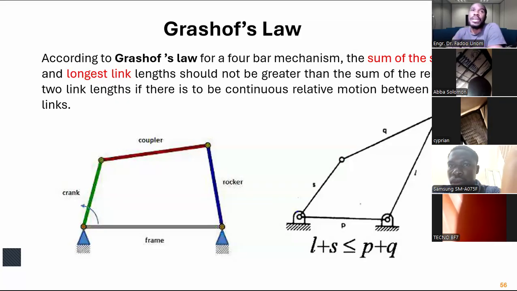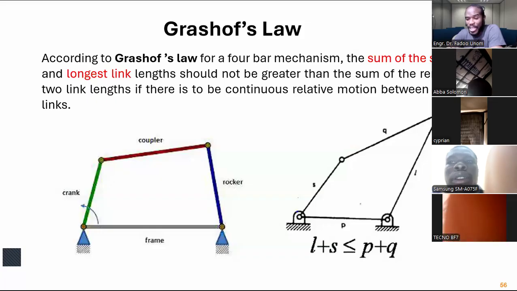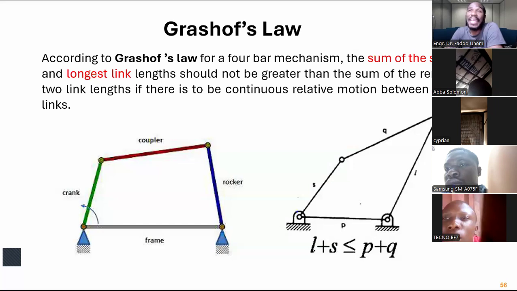Now, Grashof's law states that, and this is particularly applicable to the 4-bar chain, the 4-bar mechanism, exactly. For a 4-bar chain to have continuous relative motion between the links, the sum of the shortest and the longest links must not be greater than the sum of the remaining 2 links.